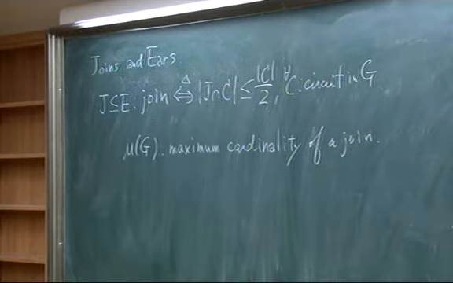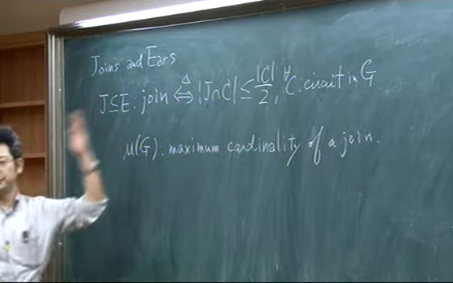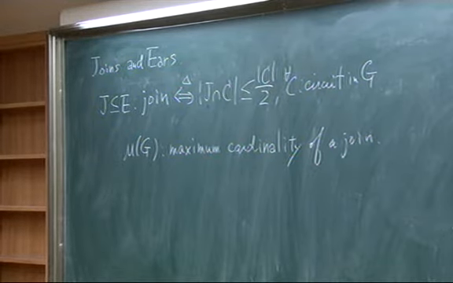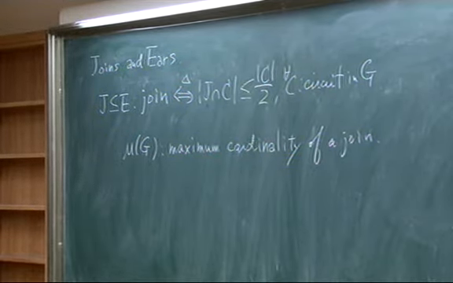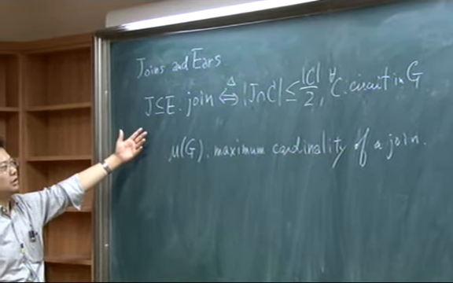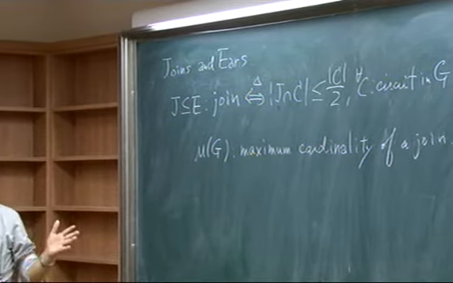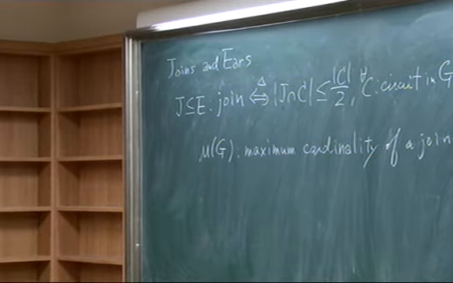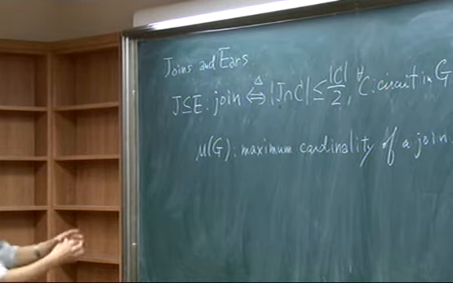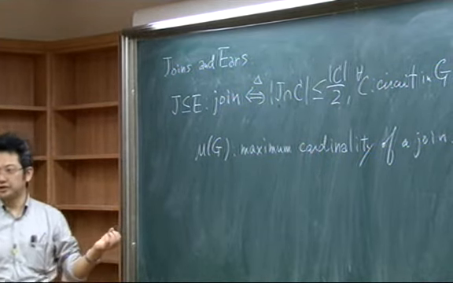So let me mention first that this is related to the T-join problem, because if you're given J, then we can always pick T. T is the set of vertices where the degree in J is odd.